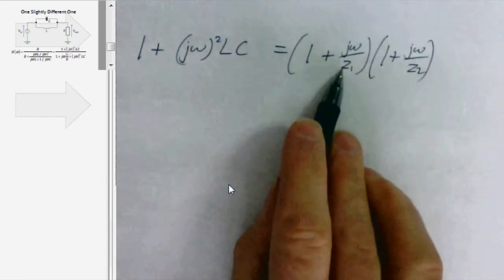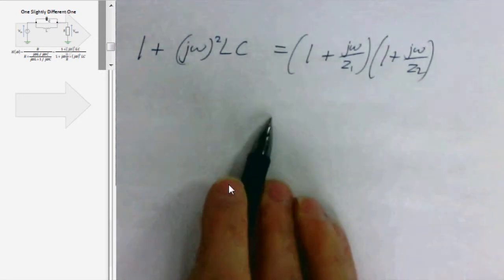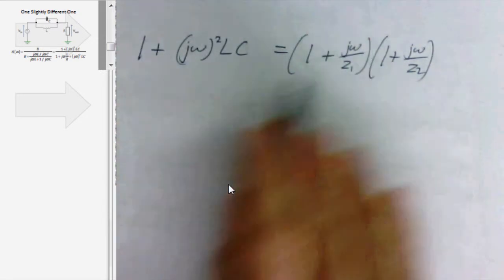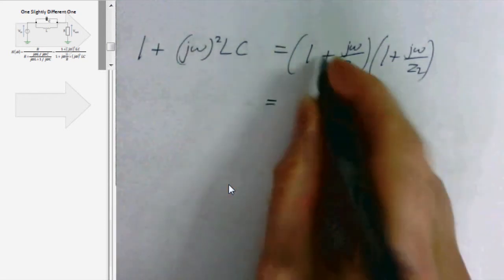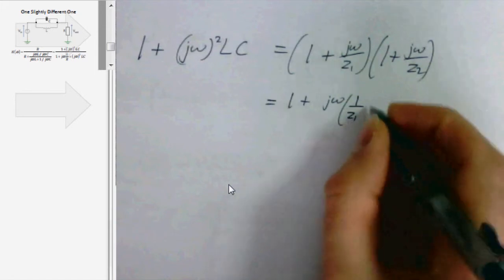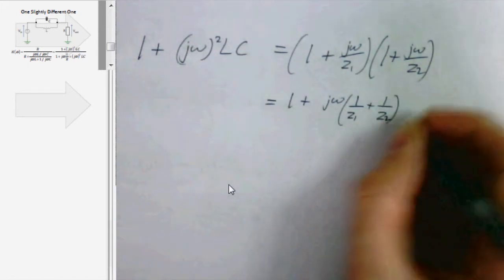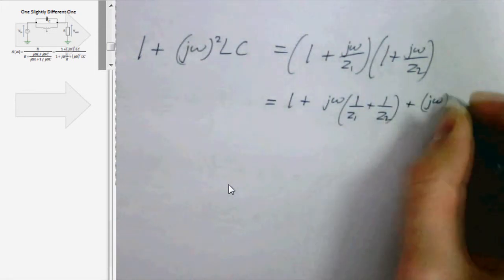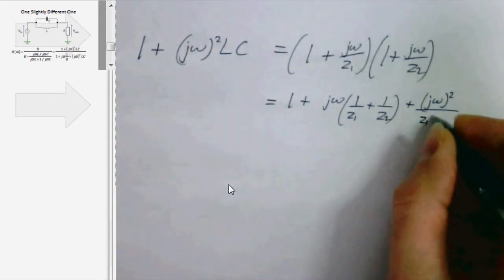What values of z1 and z2 do we need to make this equal to this? Well, multiply this out: 1 plus j omega (1 over z1 plus 1 over z2) plus (j omega) squared over z1 z2.